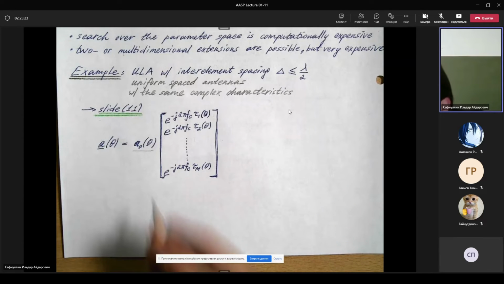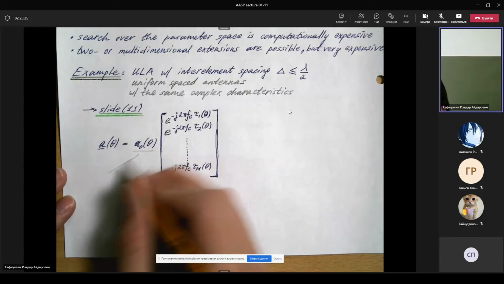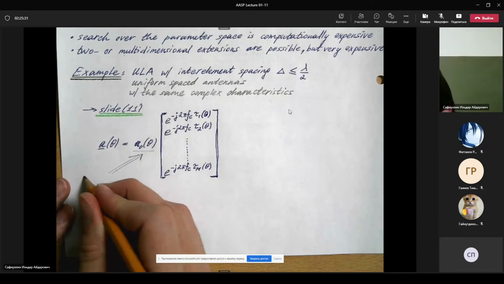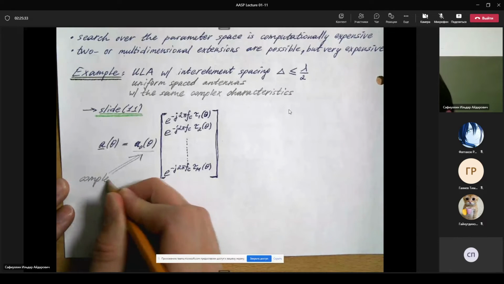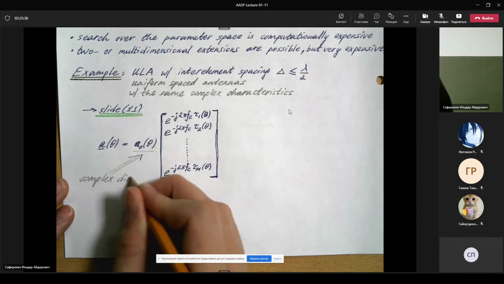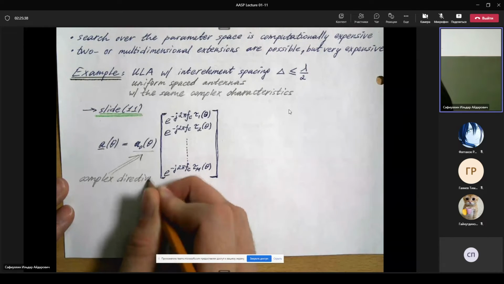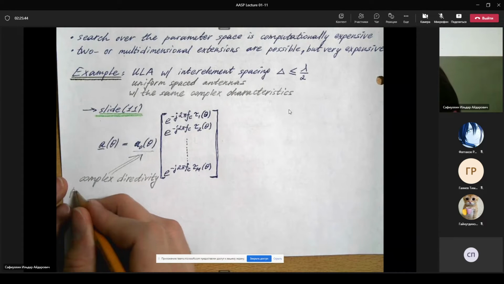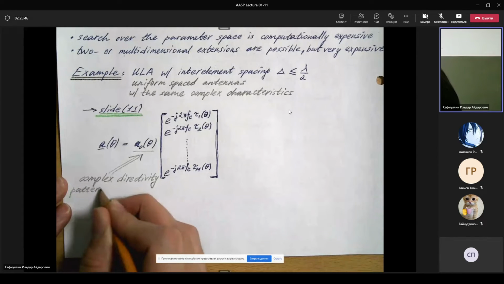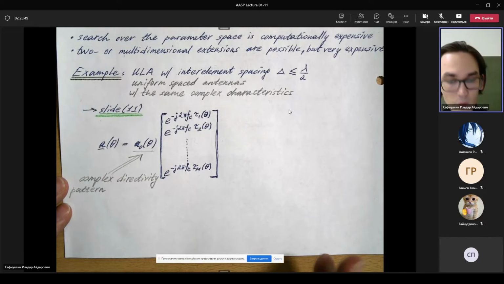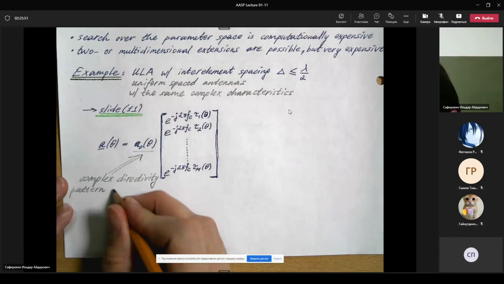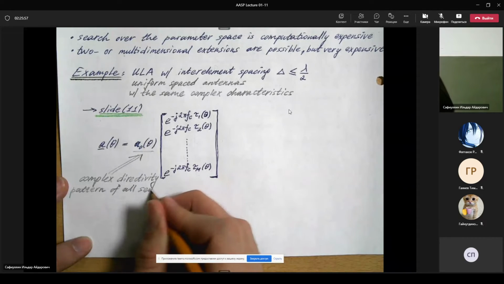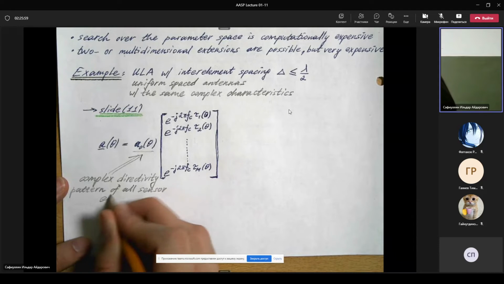And we call this one the complex directivity pattern of all sensor elements.